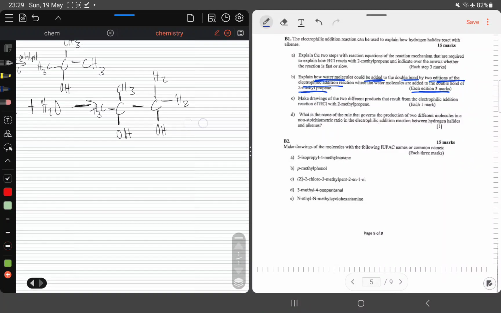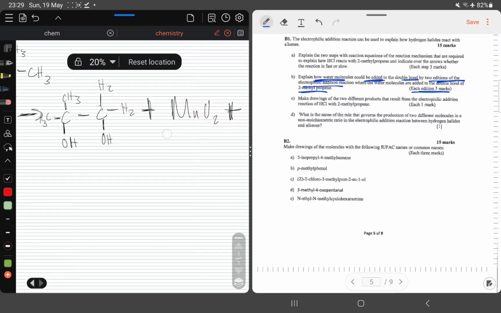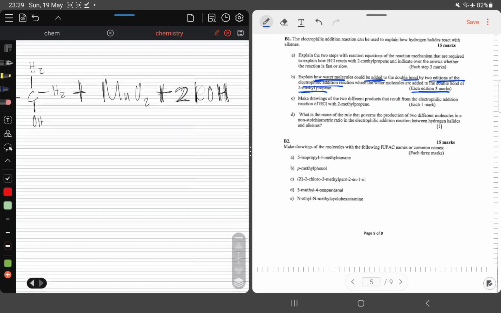You must know them. And here, when we add KMnO4, we are going to get MnO2. Okay, for this reaction, we'll get MnO2. And then plus, what else are you going to get? You get KOH. KOH. And then these guys are going to be just 2, 2, 2.